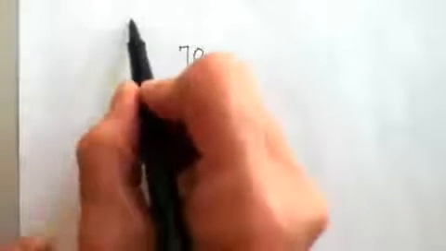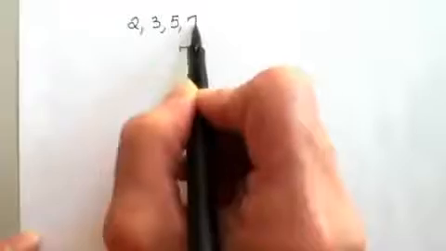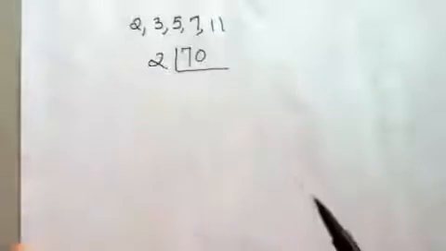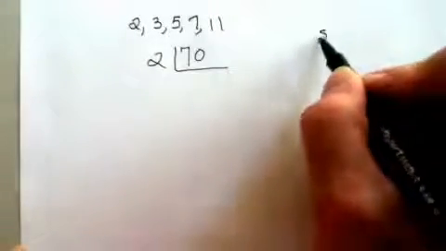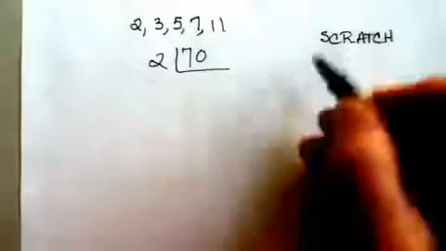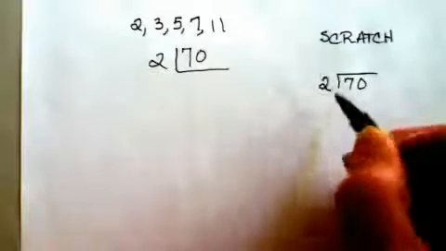Let's try that again. Let's look at the number 70. Does 70 divide by the first prime number 2? Well, yes it does. But I'm not sure I remember how many times, so let's go to the side and work out the division. 70 divided by 2.